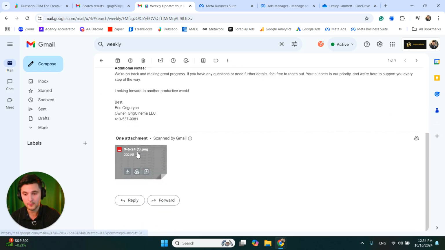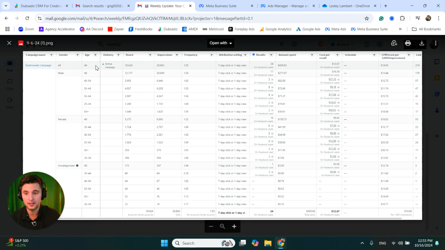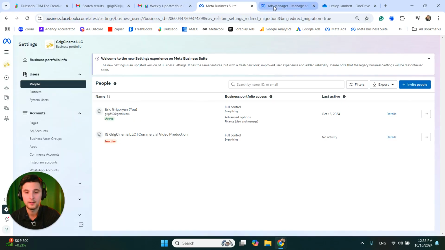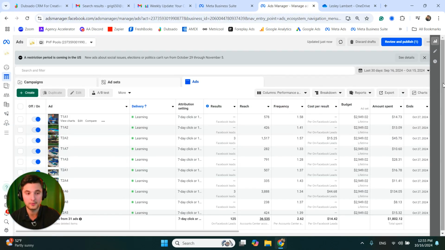We're also going to be attaching a PNG file or a screenshot of this report. You're going to see the gender, the age, and where the majority of your leads are coming from, how much you're spending, your cost per 1,000 impressions, things like that. This is all that you could find in your ads manager in your own Facebook account.